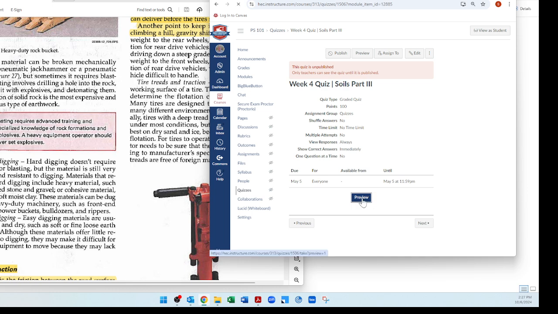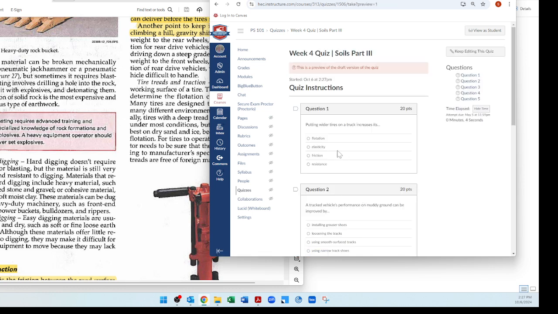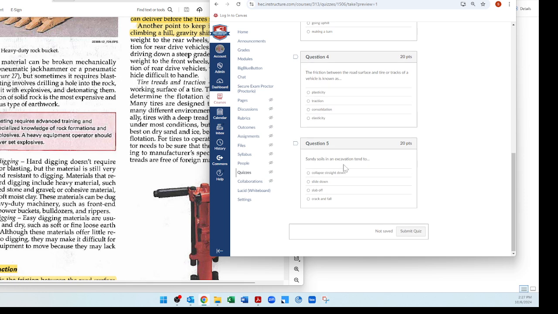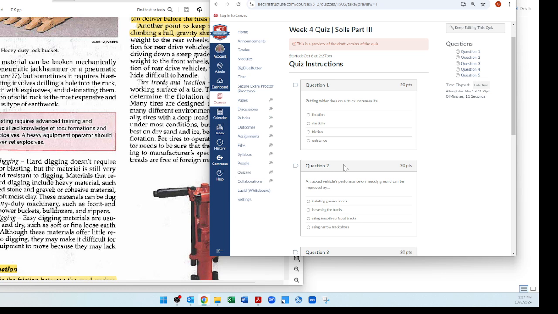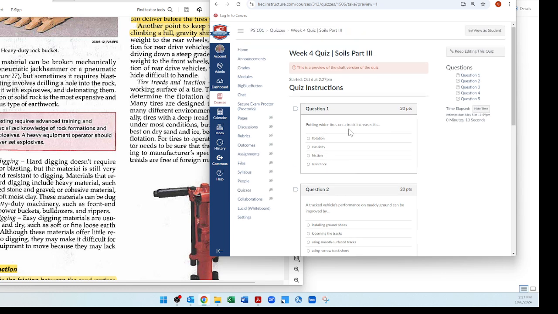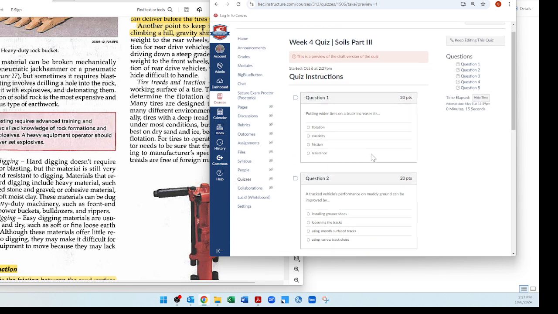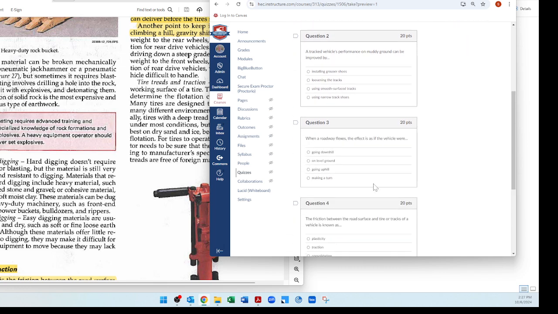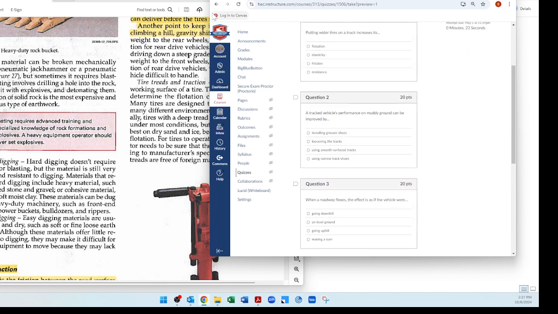This is an old test. Can I sneak in here without going through? Yeah. It's got how many questions? 5 questions. That's just putting water tires. This is going to be a whiz for you right here. Track vehicle performance on muddy ground can be improved by. Oh, yeah. You'll do quite well with this.